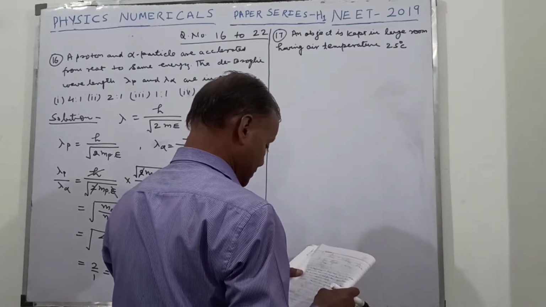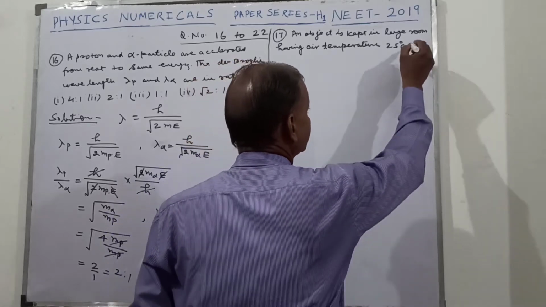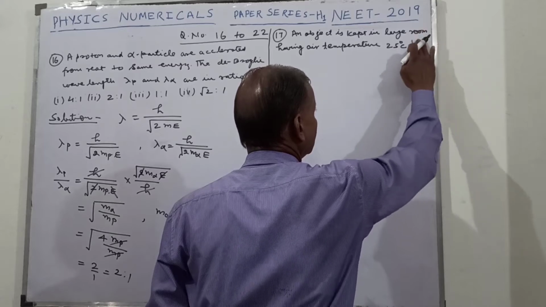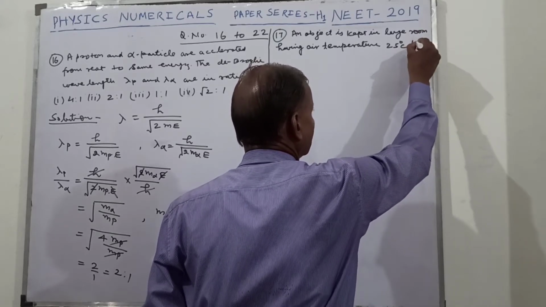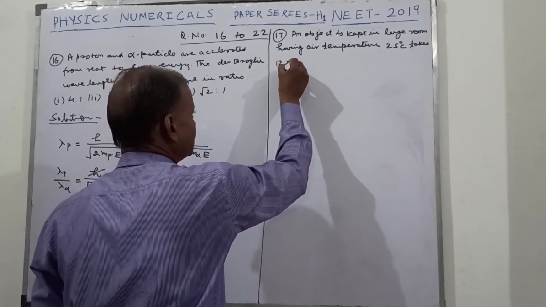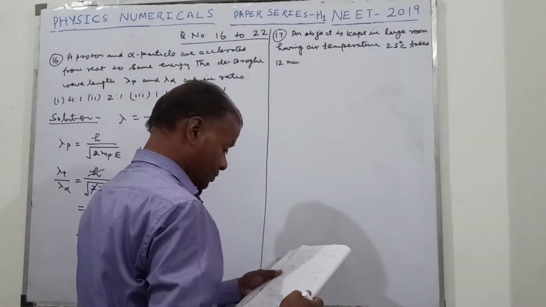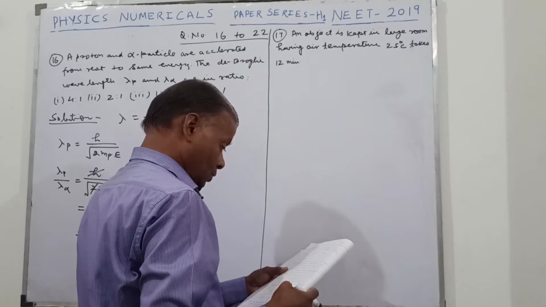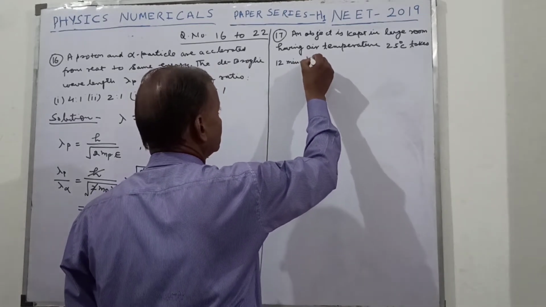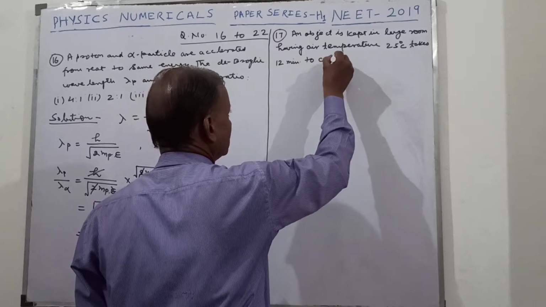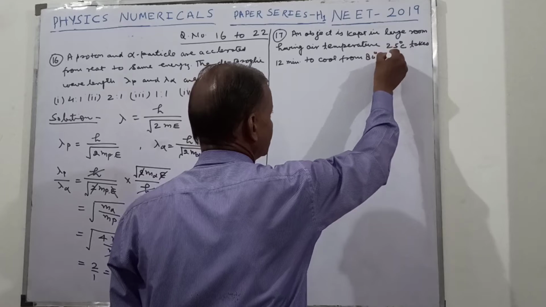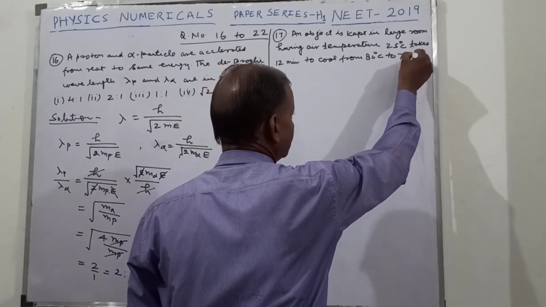It takes 12 minutes to cool from 80 degrees Celsius to 70 degrees Celsius.